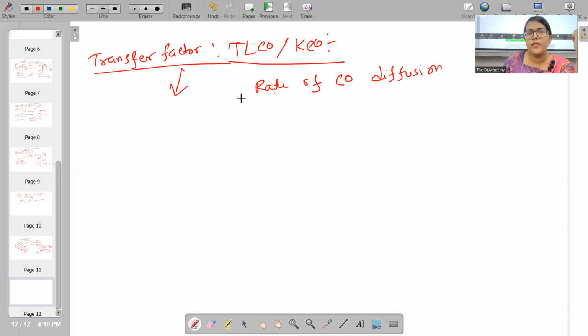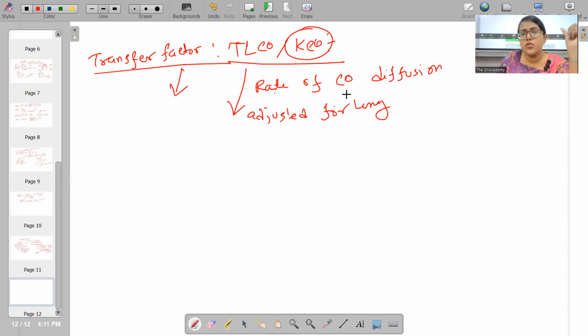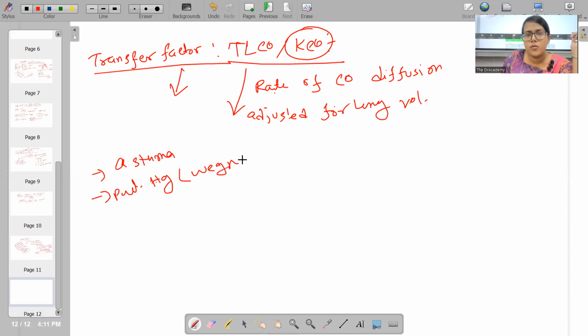So there are conditions when the TLCO is increased. And what does KCO mean? KCO is basically TLCO adjusted for the lung volume. This is also known as the gas transfer coefficient. All right, so the conditions in which the transfer factor is increased are the conditions when there is an increased load in the pulmonary vasculature. For example, in asthma, and whenever there is pulmonary bleeding, like pulmonary hemorrhage, for example, Wegener's or Goodpasture syndrome, anti-GBM antibody associated, okay.